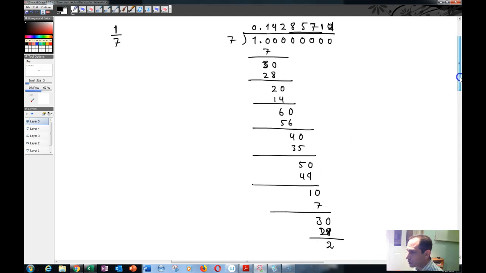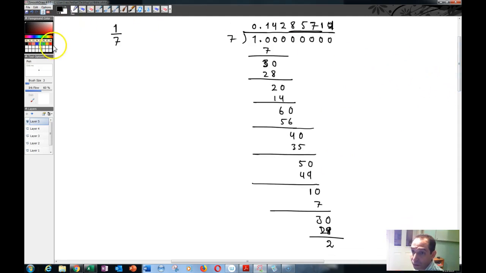So as you can see here, I have the remainder 3, remainder 2, remainder 6, remainder 4, 5, 1, 3, 2.